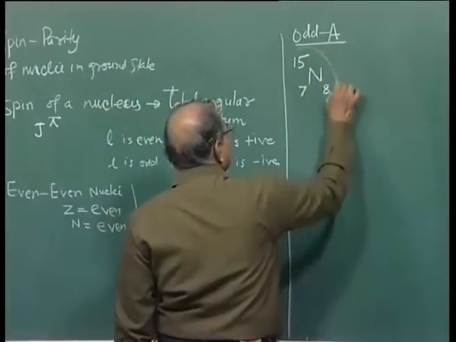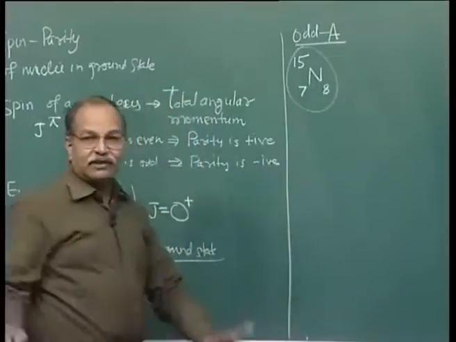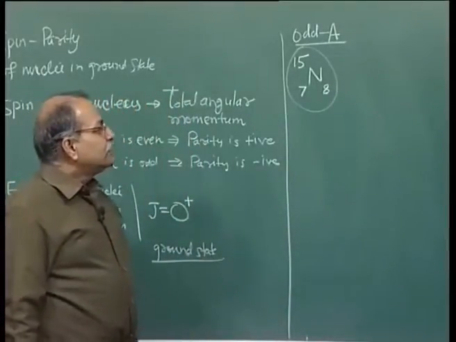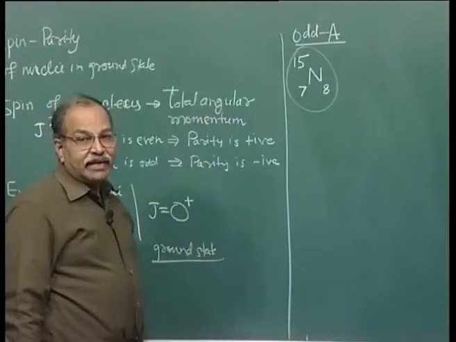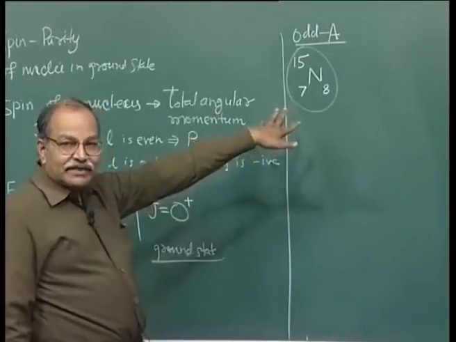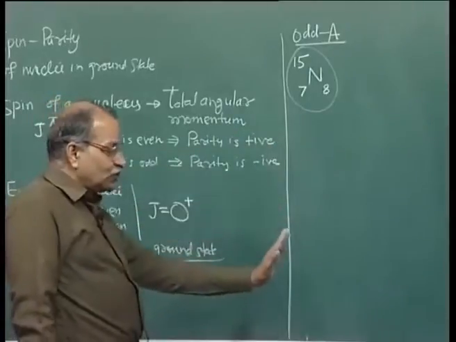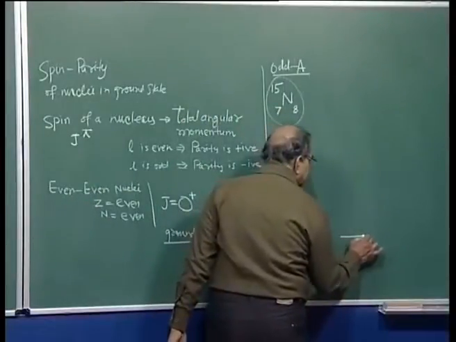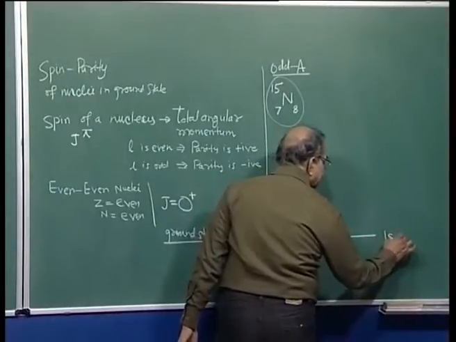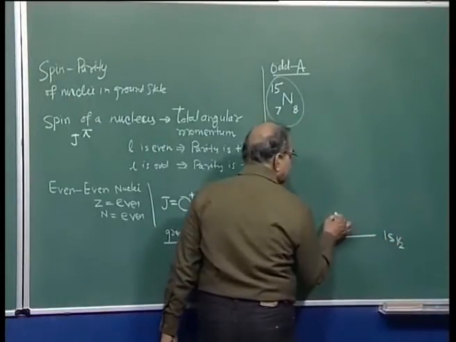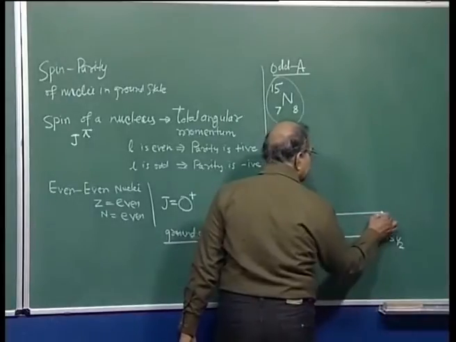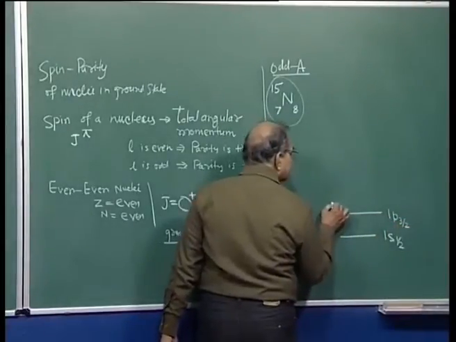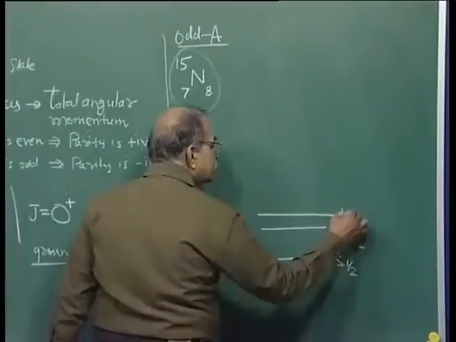If this is the nucleus, for whatever time it is there, what would be the spin and parity in its ground state? So, let us draw those energy levels. So, tell me what is the lowest one? 1s 1/2. Next one, 1p 3/2. Next one, 1p 1/2.